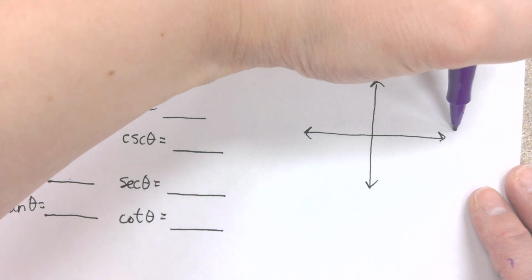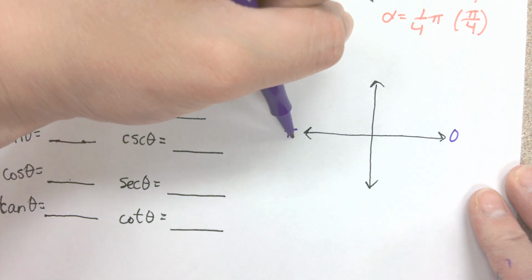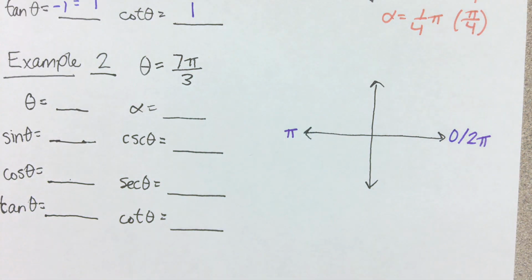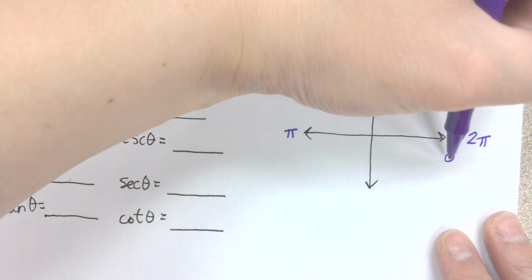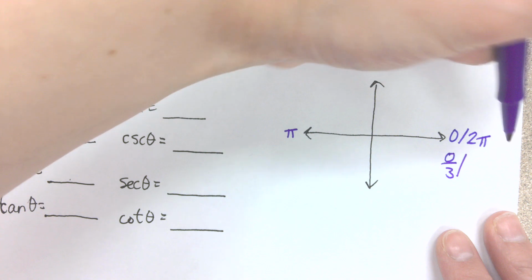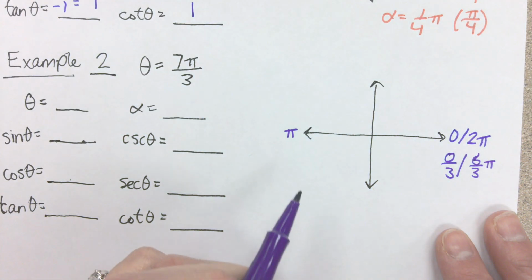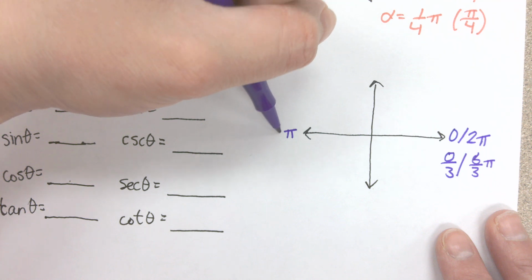We have 0 on the right, pi on the left, and then if we make a full circle, it's also 2 pi at the starting point. Putting this in thirds, this is 0 thirds, or 6 thirds pi. And then over here, this is 3 thirds pi.